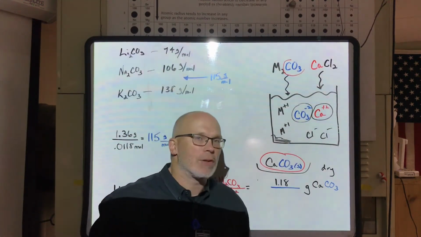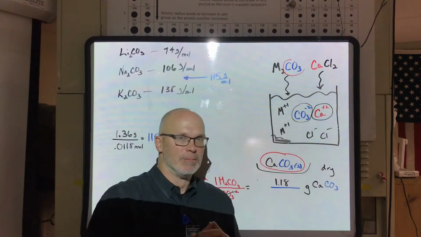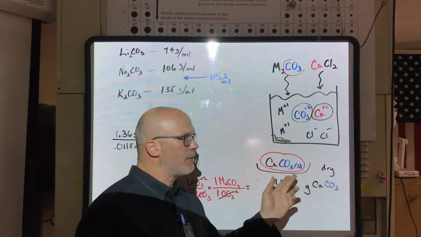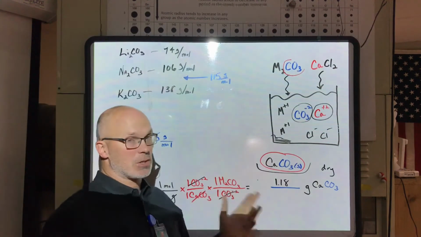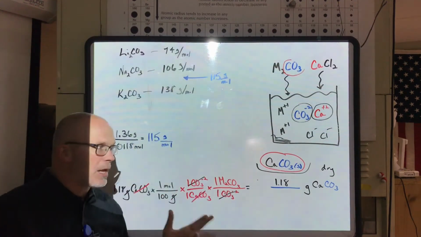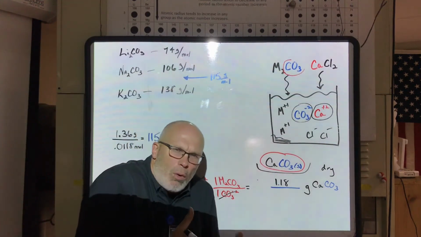That is very challenging, to get every single piece of precipitate. And even if we did, the transfer of the precipitate to and from the oven and the scale could result in loss of the precipitate as well. There's no doubt in my mind, one of the limiting factors in this type of procedure where we're collecting a precipitate is that we don't get it all out of the solution.